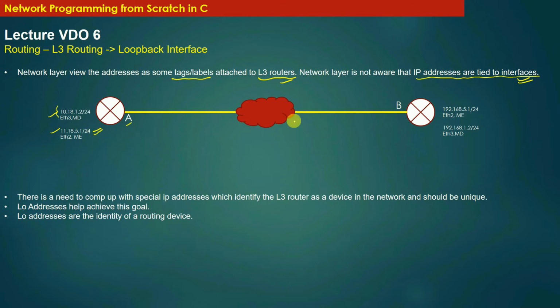Similarly, router A only knows that the IP address 192.168.5.1/24 is the IP address of some local interface of router B. But to which interface this IP address actually belongs, router A does not have this information. So the network layer only views the IP address as tags or labels that are properties of L3 routers.